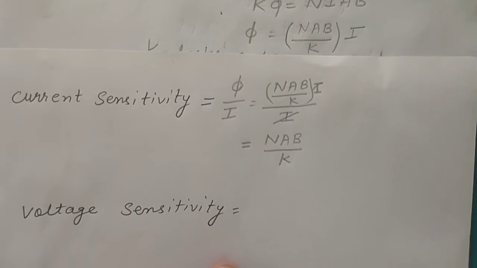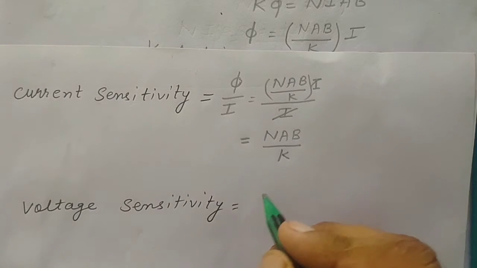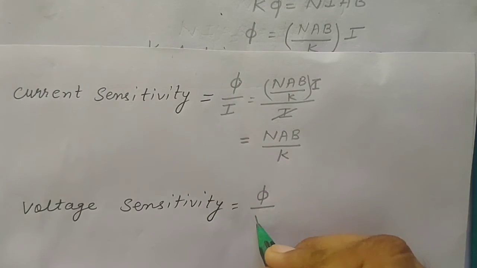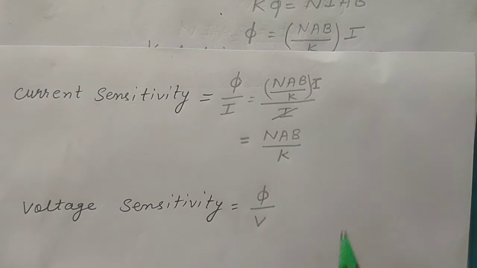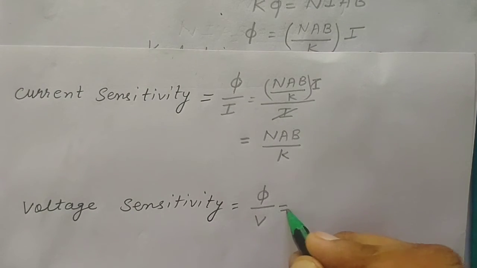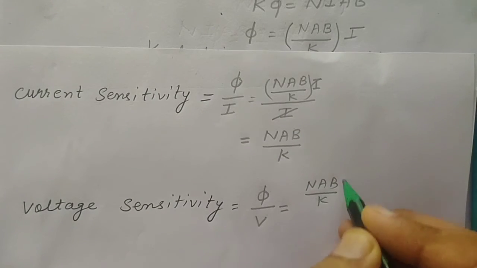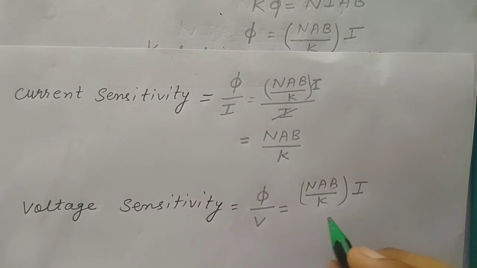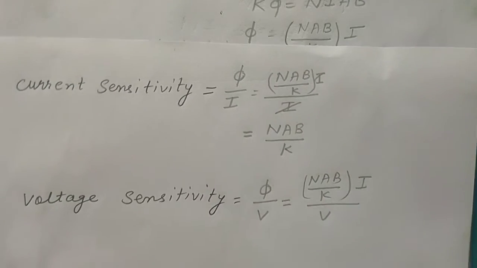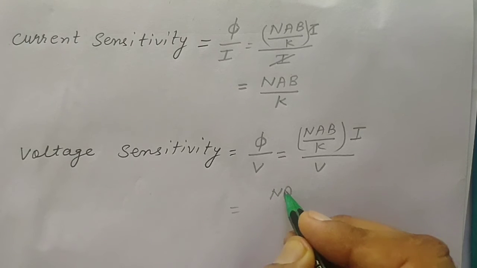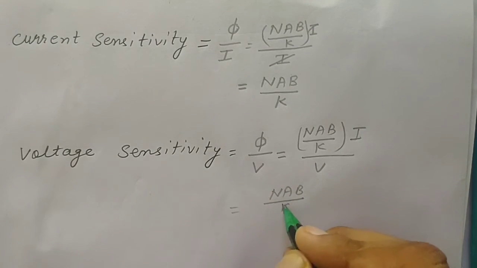Now another term is voltage sensitivity, that is defined as the deflection per unit volt, that is equal to NAB over K times I over V. We know that V is equal to current times resistance.